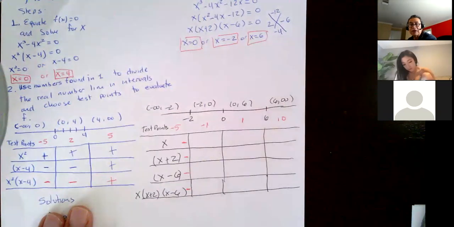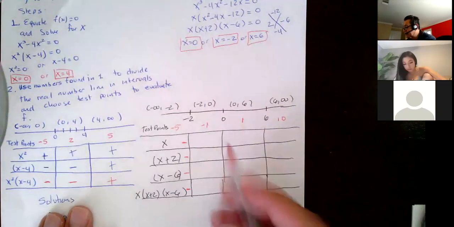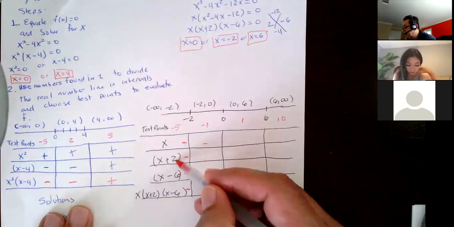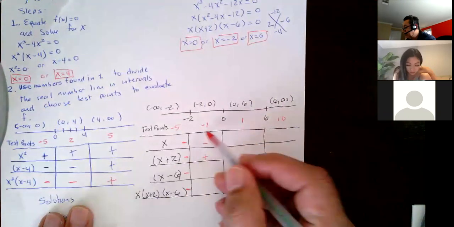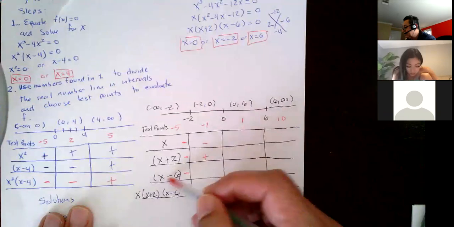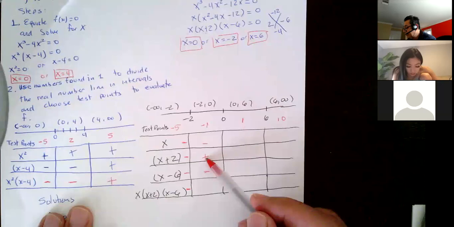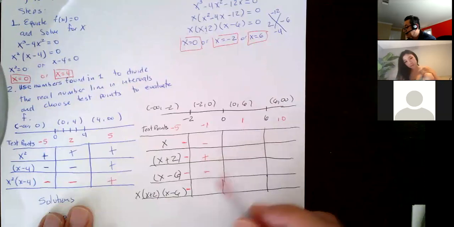Now let's plug in -1. The -1 in x is negative. In x plus 2 it is positive. In x minus 6 it is negative. Negative times a positive is negative, negative times a negative is positive. Perfect.